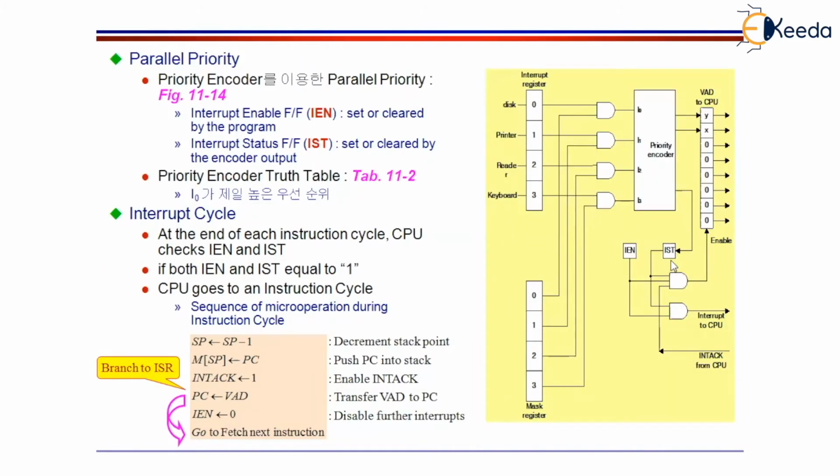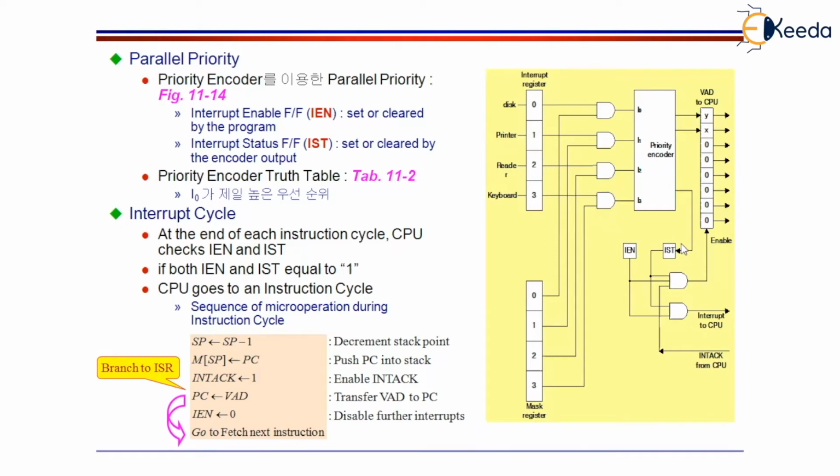IST, you can clearly see IST here. IST will be set the moment an interrupt is generated. When an interrupt is generated, the CPU should execute an interrupt service routine. When the CPU is executing the interrupt service routine, no more interrupts are actually allowed.